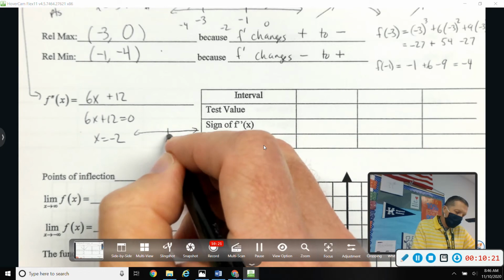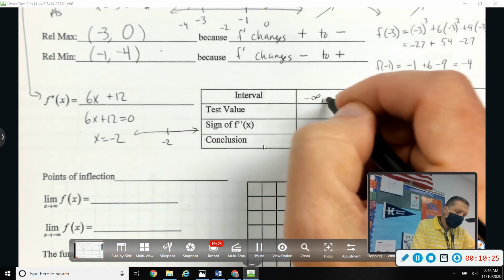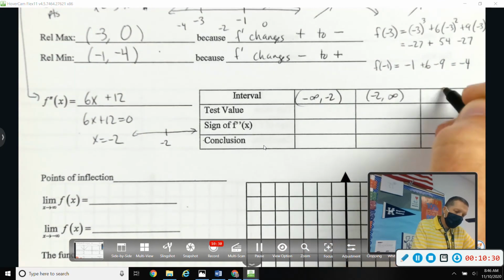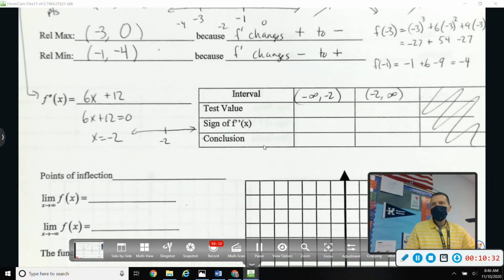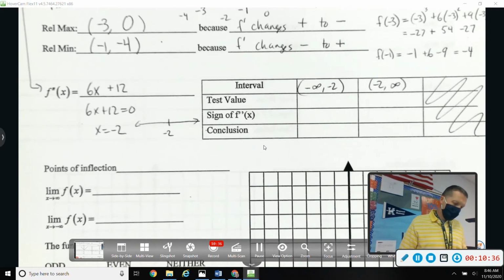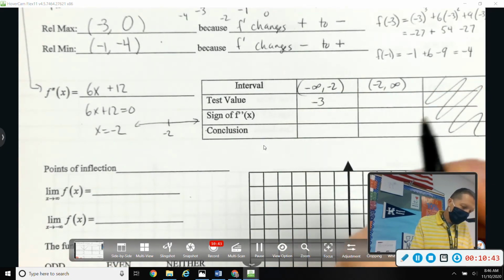Again, I wish there was a spot for a number line, but the table is good too. Negative infinity to negative 2. Negative 2 to infinity. Again, sometimes there's more blanks on the page than you actually need. Let's see, test value, we could go with negative 3.